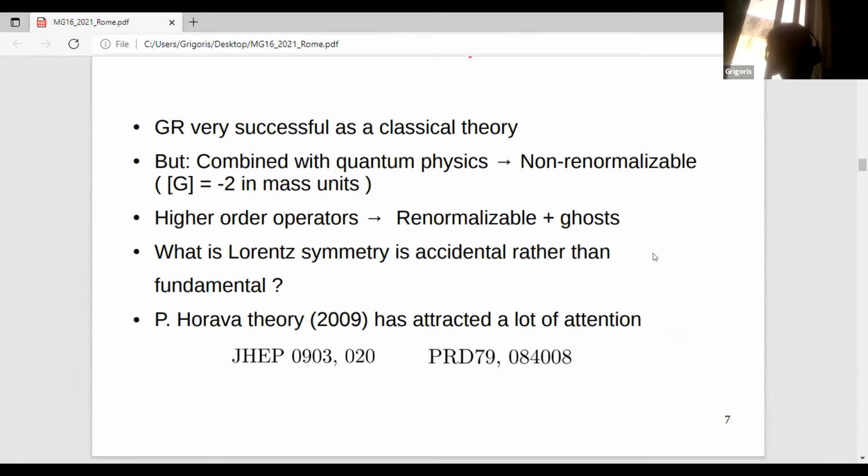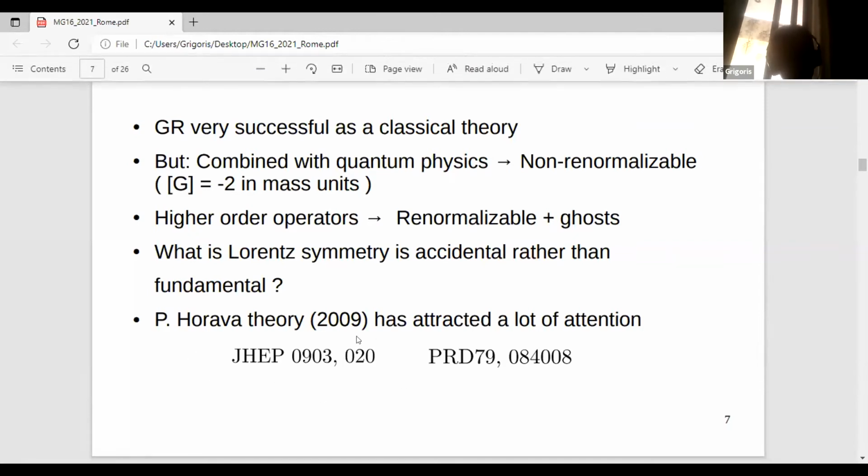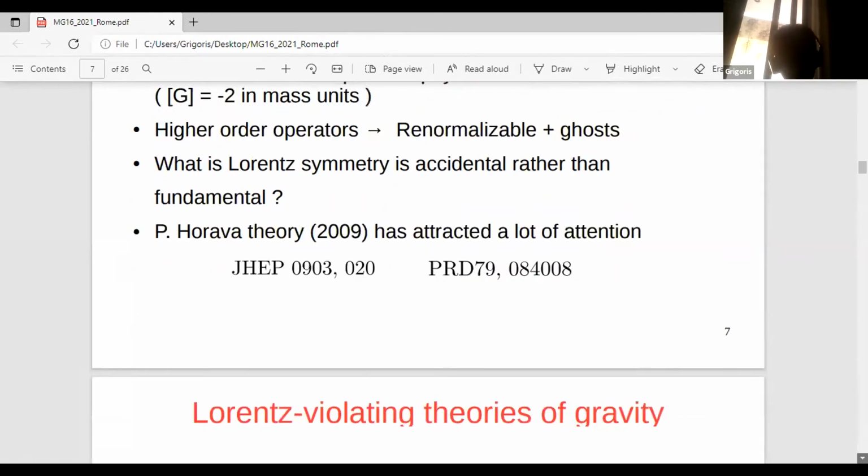One can imagine that Lorentz symmetry is not a fundamental symmetry, and since it is not tightly constrained experimentally, we can entertain the possibility of Lorentz violating theories. Since these two original works, there has been some activity in the field.